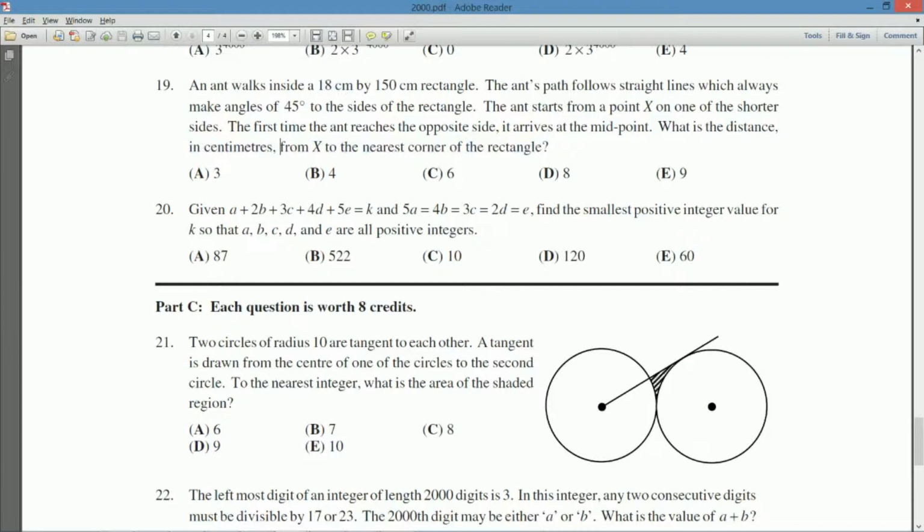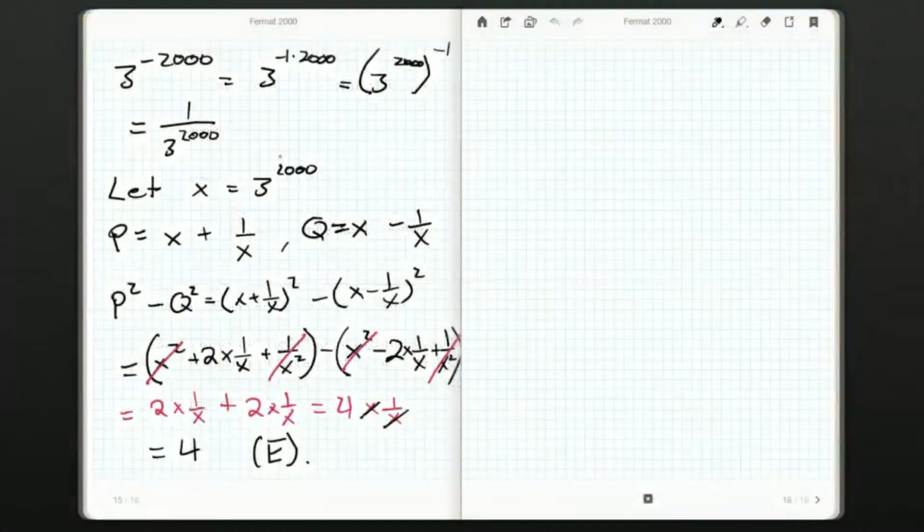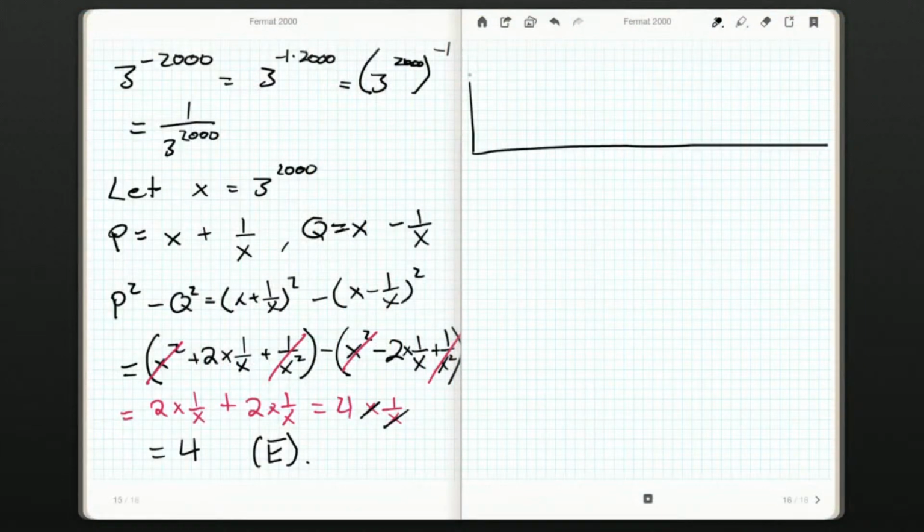So maybe we should start off by drawing our picture. And instead of having the ant start at X, how about we have the ant walk backwards and trace his steps, or reverse time. So he starts at some point X over here.